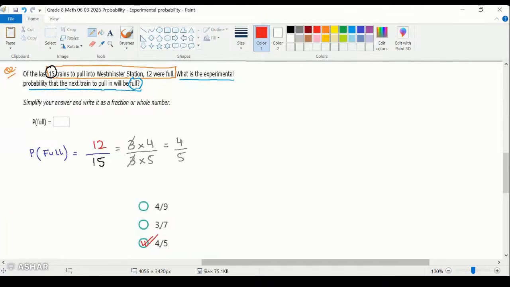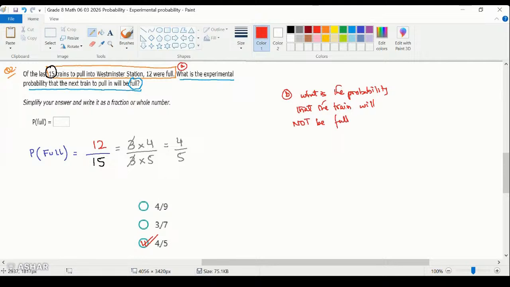If I consider the same question, if this was our part A, and I would say part B, what is the probability that the trains will not be full?